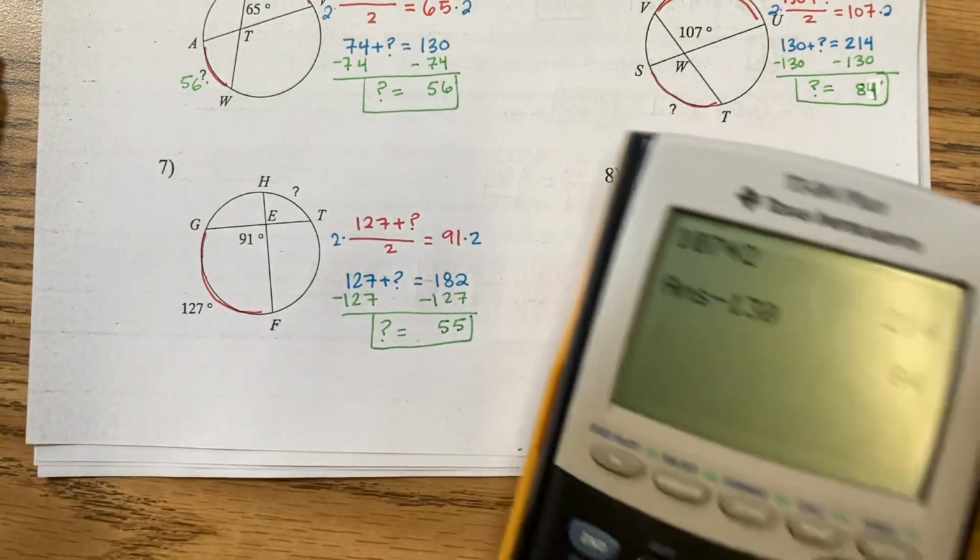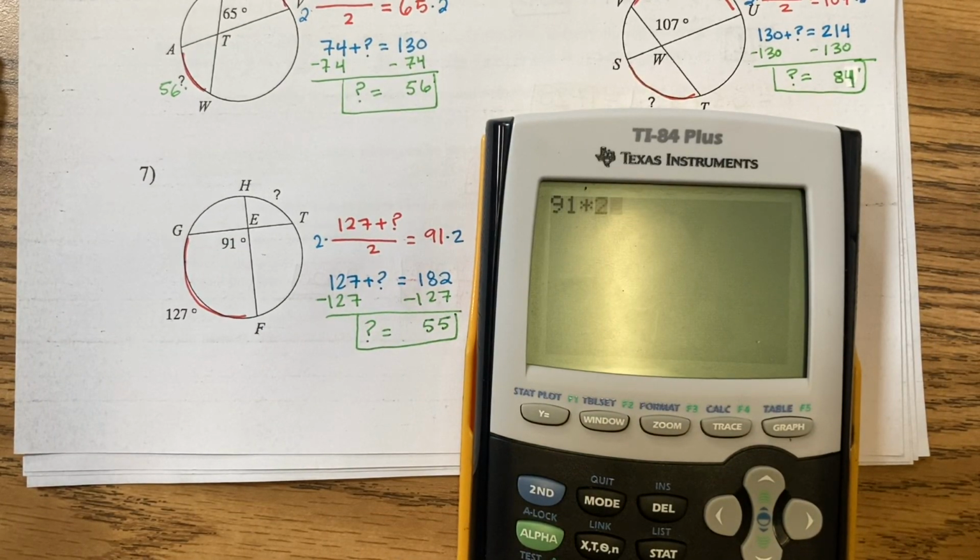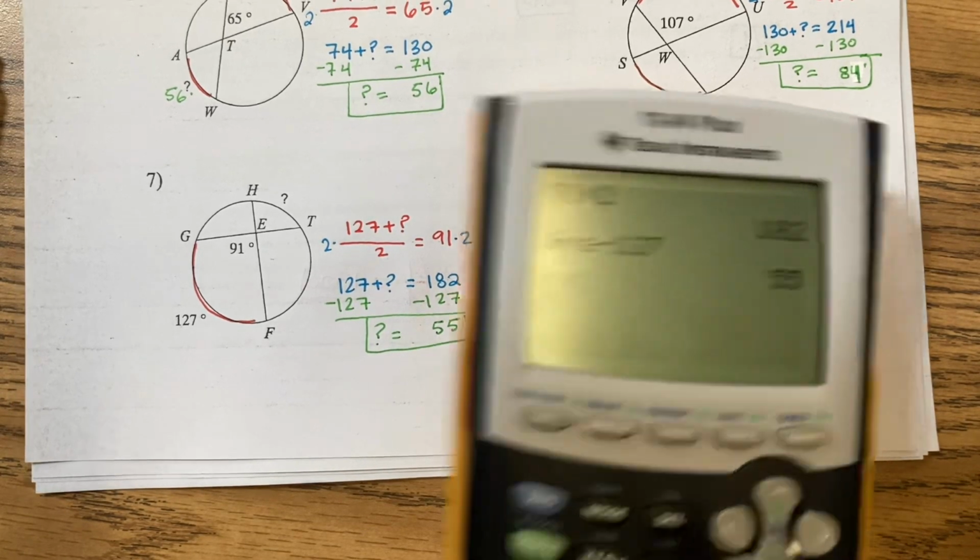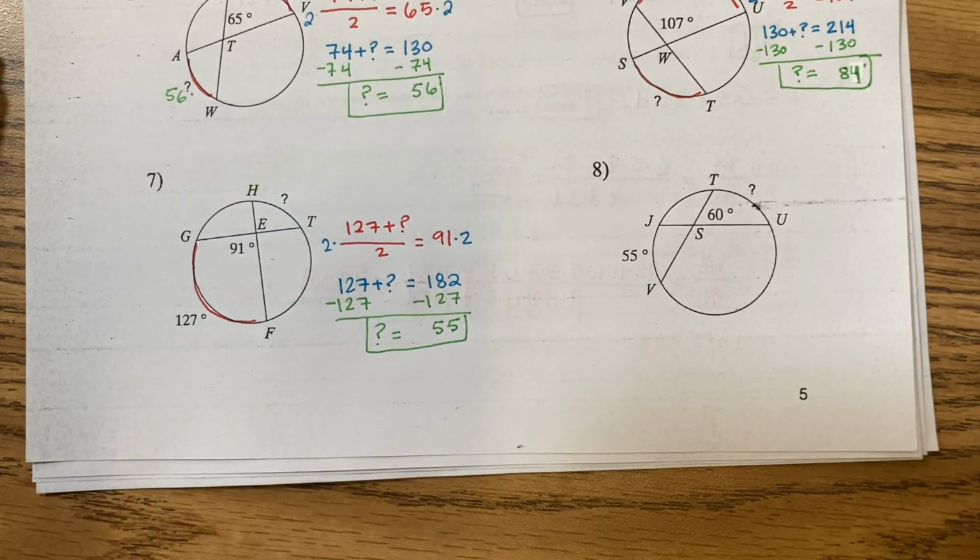And let's double check our work. We had 91 times 2 minus the 127 is 55 degrees for our missing arc.